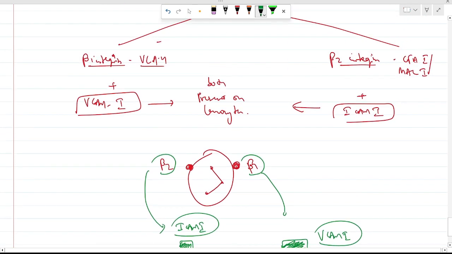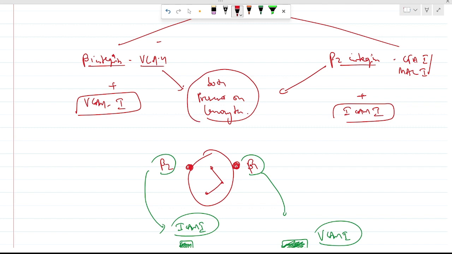Oh, sorry, pardon me, a mistake. These two integrins are present on leukocytes. The VCAM1 and ICAM1 are on the endothelium. Again, sorry for this.